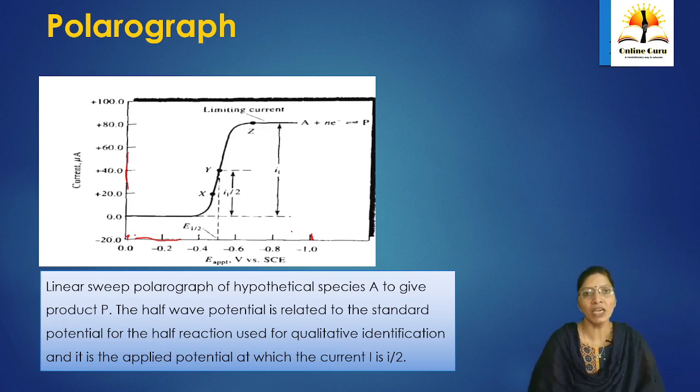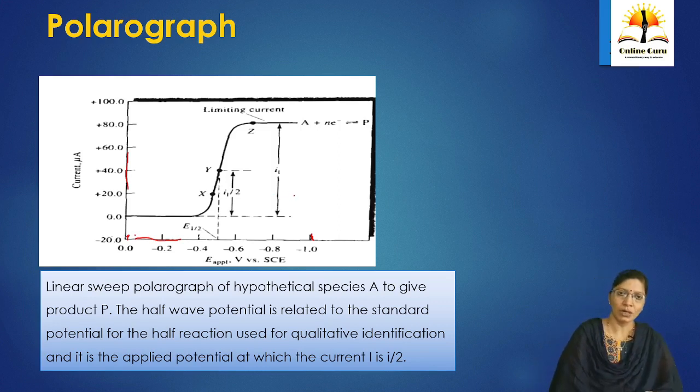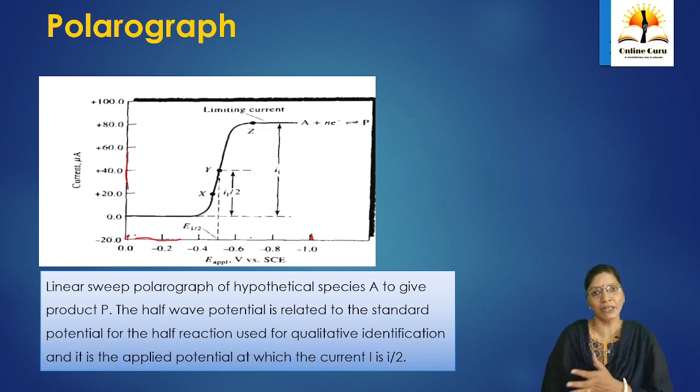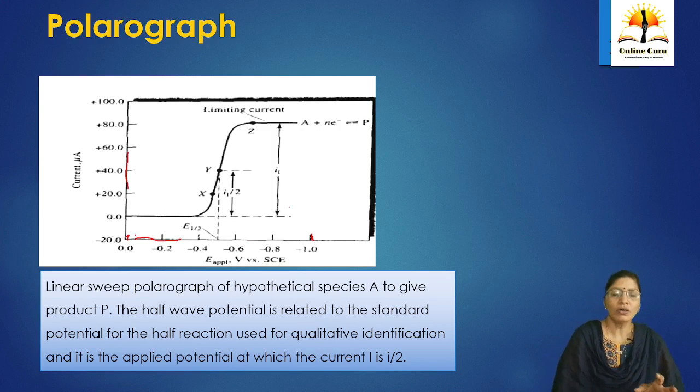What is meant by decomposition potential? It is the potential at which the analyte gets oxidized or reduced at the electrode, acting as anode or cathode respectively.